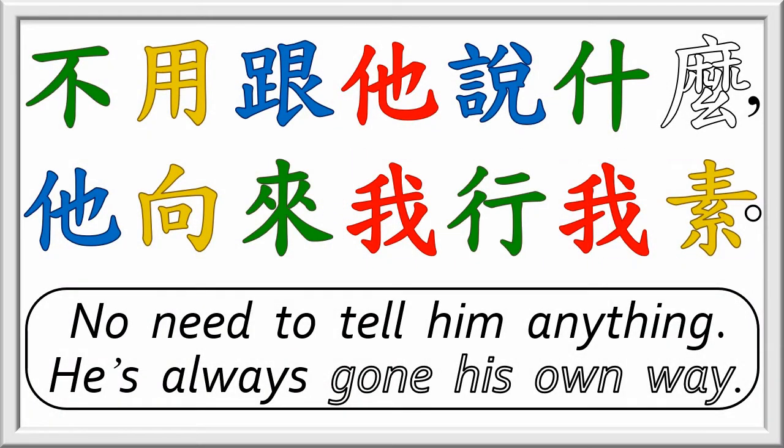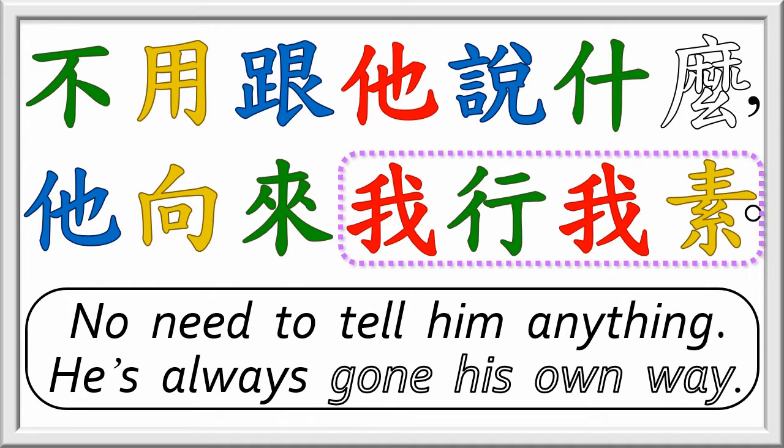When a person insists on going their own way, regardless of others' advice, there's a common idiom to express this unfortunate personality trait. 我行我素. Literally, I go as I've always gone. 不用跟他说什么，他向来我行我素.